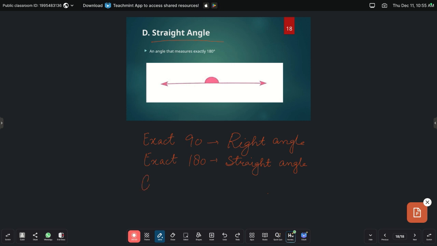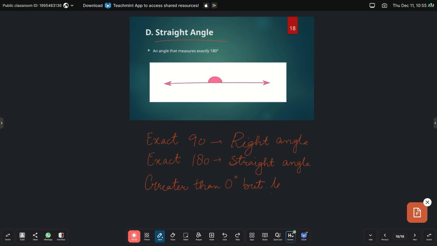Angle that is greater than 0 but less than 90, that is what? Acute angle. Good. And the angle that is greater than 90 but less than 180, it's called obtuse angle. Got it, boys? Is this thing clear?